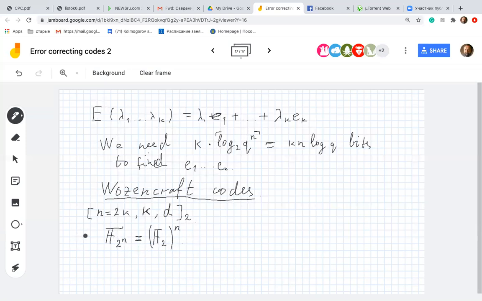So anyway, now fix some element, call it alpha, in that field. To each such alpha, we assign a code which is designed as follows. Sorry, I have confused k and n here. Instead of n, we need to consider here k.